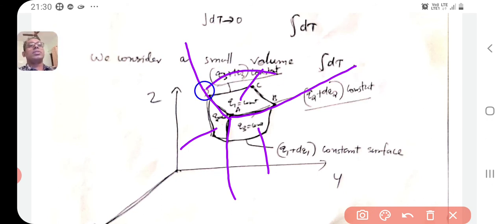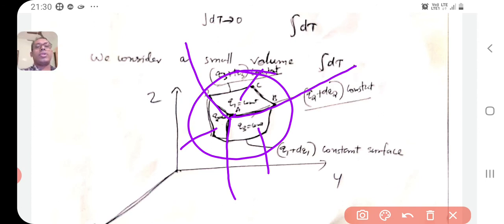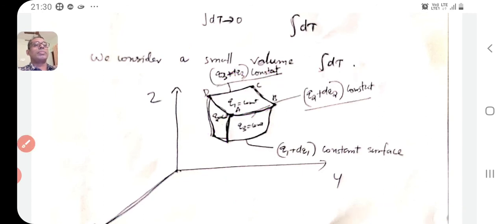And we are considering this small volume here, and the corresponding surfaces enclosing the volume.